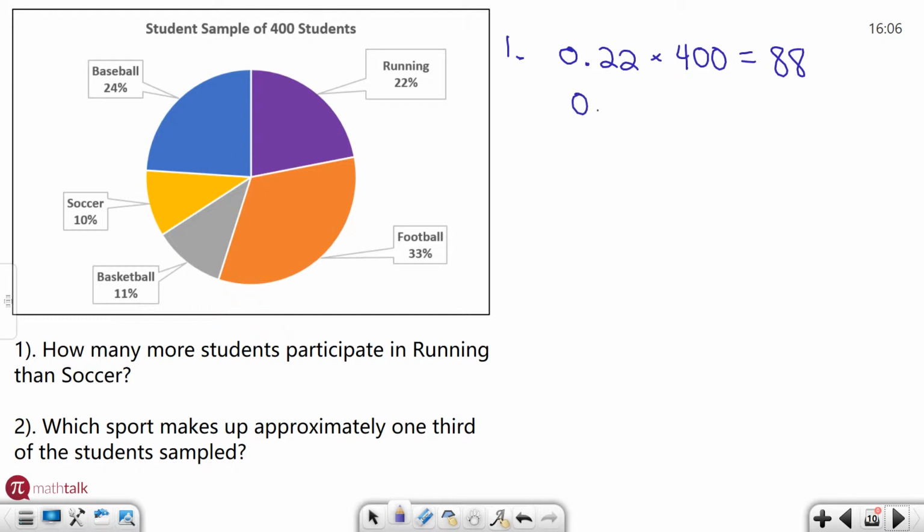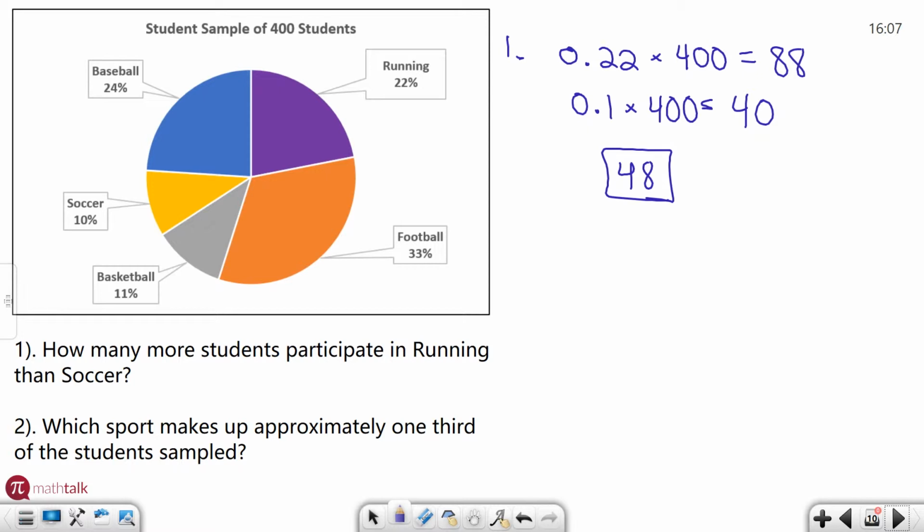So 10% is 0.1 times 400 is 40. So I have 88 running students and 40 soccer students. How many more running? Well, 88 minus 40 is going to get me 48. So that's how many more students there are.